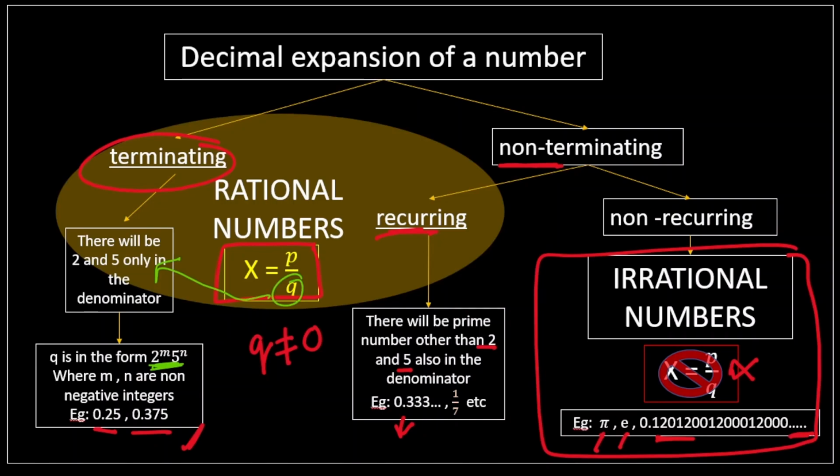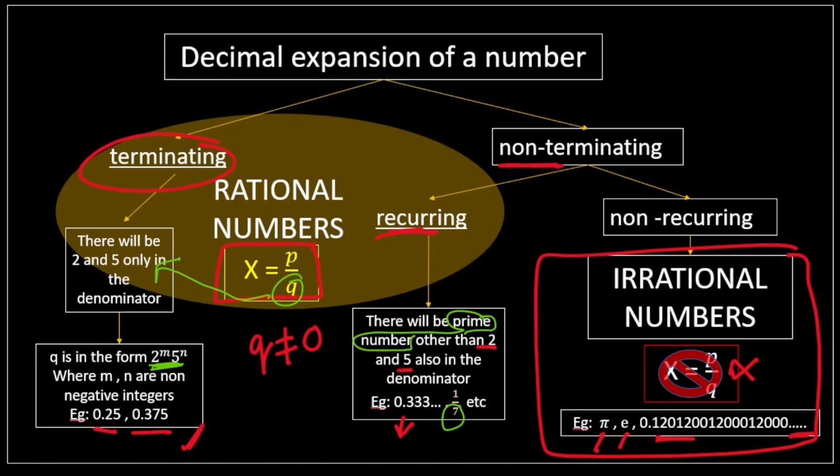And if there is any other prime number like 7, 3, 13 in the denominator, even if it is along with 2 and 5, then also it is going to be non-terminating and recurring.